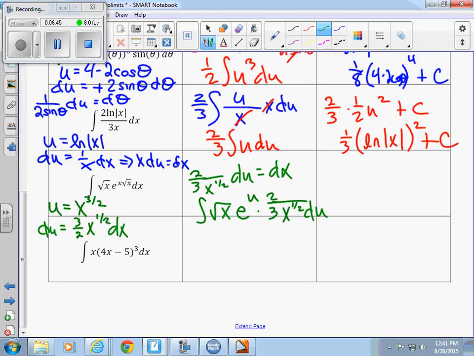Am I going too fast? Are we okay? Will y'all let me know if I'm going too fast? The derivative of x to the 3/2 is 3/2, bring the power to the front.